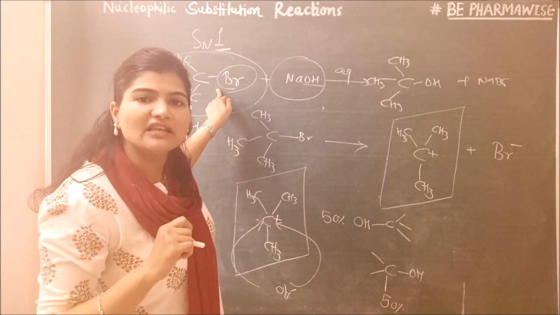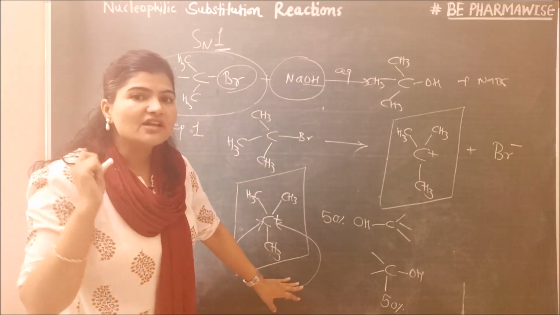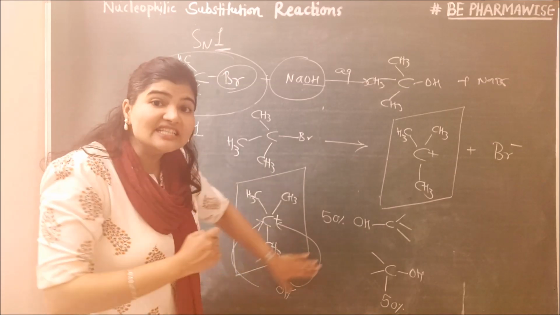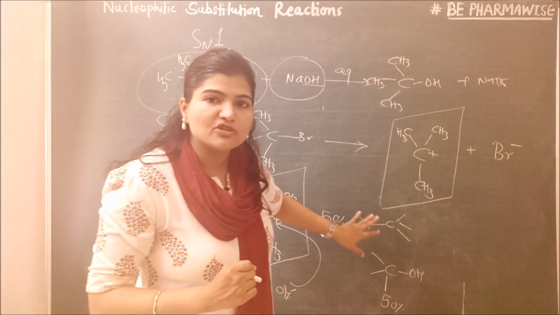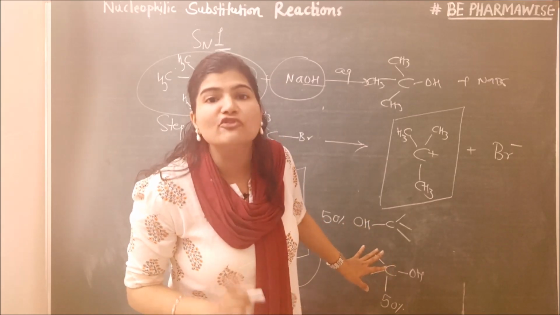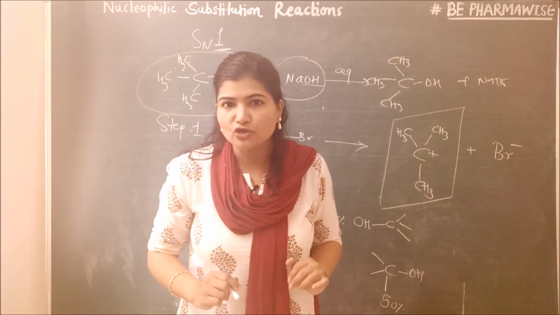These are the stereochemical aspects of the SN1 reaction mechanism. The key is that OH minus has equal probability of attacking the carbonium ion from either side. So it leads to formation of 50% inverted product and 50% retention of configuration. This is how the SN1 mechanism is followed.